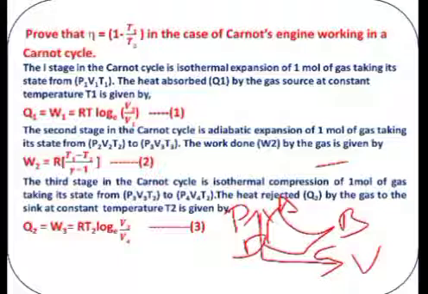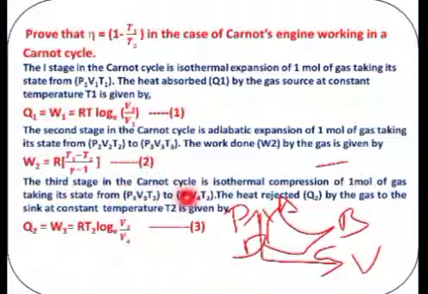All those four stages we discussed in the earlier video; please go through that once again. That will help you to understand this derivation easily. From that video we come to know how pressure, volume and temperature are changing. This is from the adiabatic expansion. We can call this equation number 2.